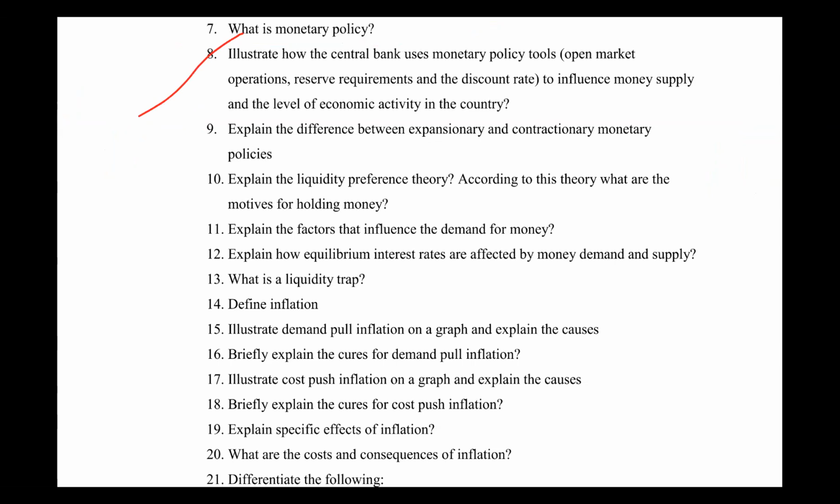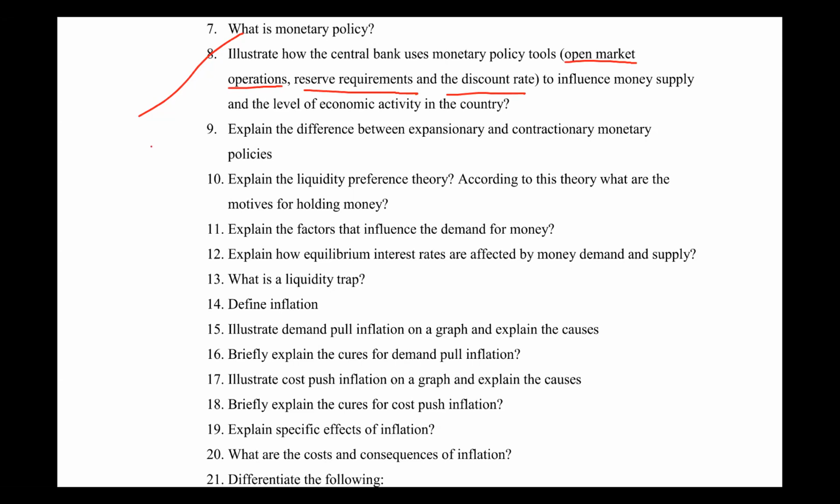No question. Okay. The question reads, illustrate how the central bank uses the monetary policy tools, the open market operations, OMO, the reserve requirement, and the discount rate to influence money supply. Understand this question, it has got a lot of things, okay? So you are asked to illustrate how the central bank uses the monetary policy tools.